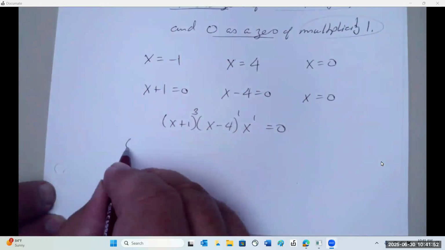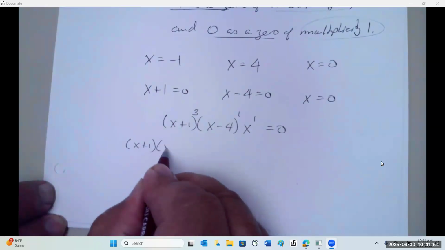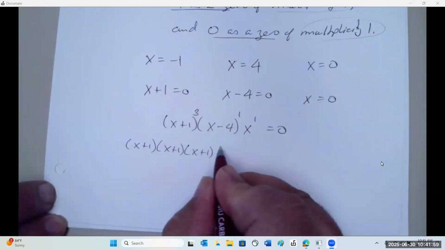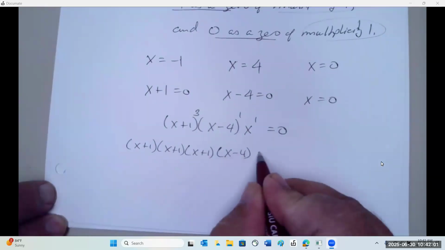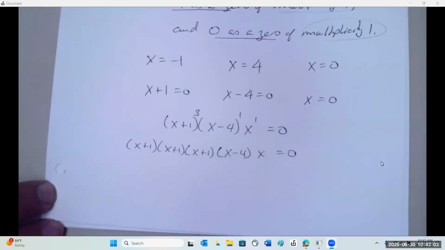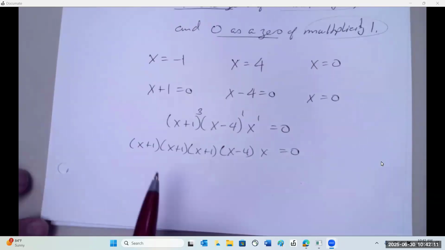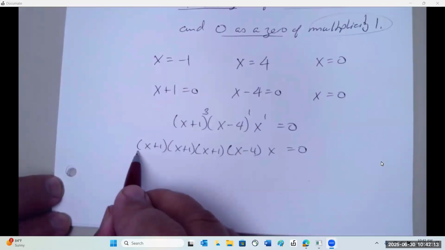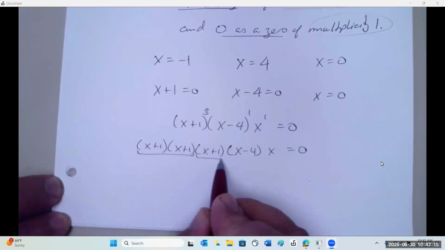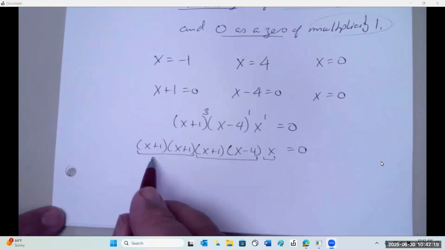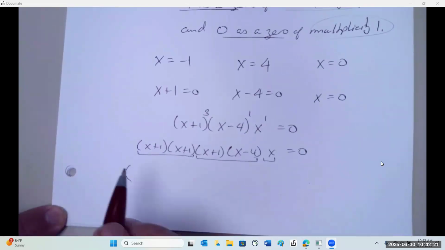So what this says is we have x plus 1 times x plus 1 times x plus 1 times x minus 4 times x. The easiest way to do this is to multiply these two together first.